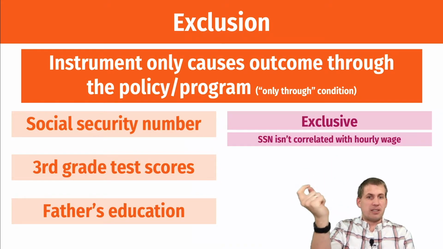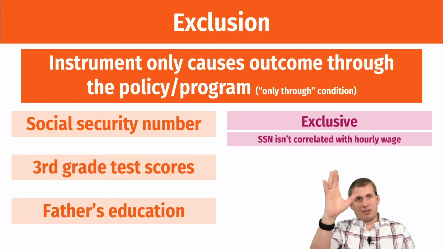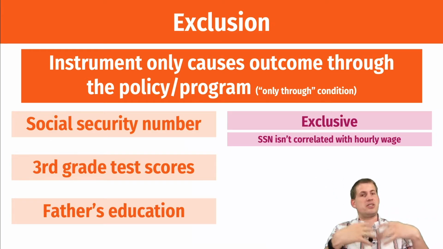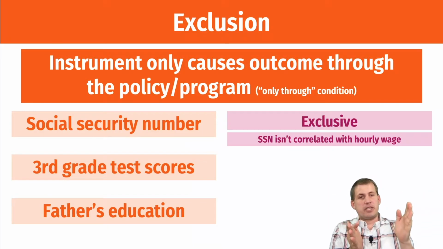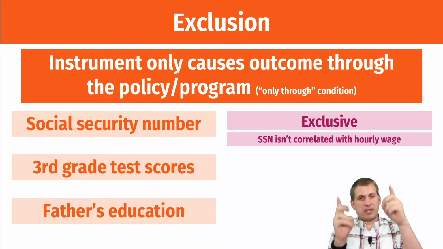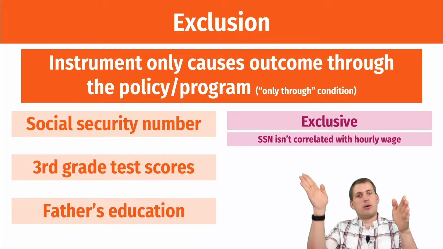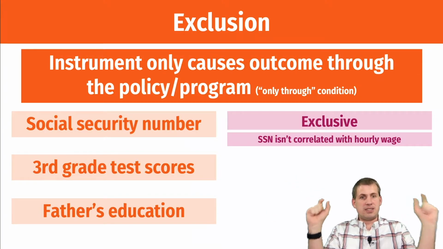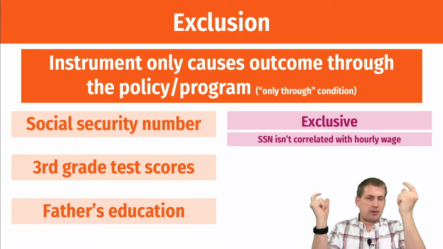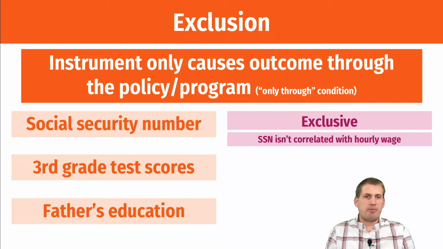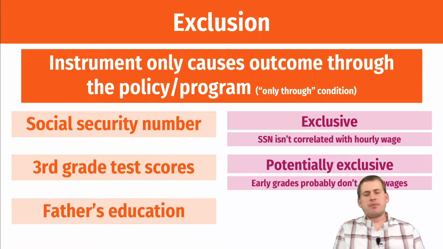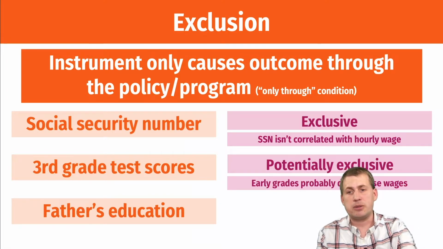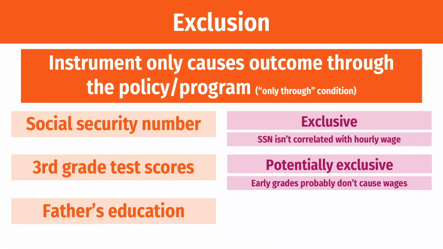If we see patterns in Social Security numbers and some counties have less education, then we do have a relationship there. But then we could also say that the Social Security number is not correlated with your wage, except through education, if there's that relationship. But that's not really great, as we've looked at. With third grade test scores, this is potentially exclusive.